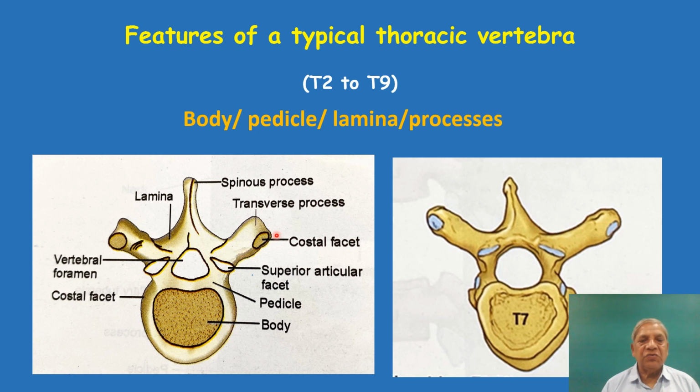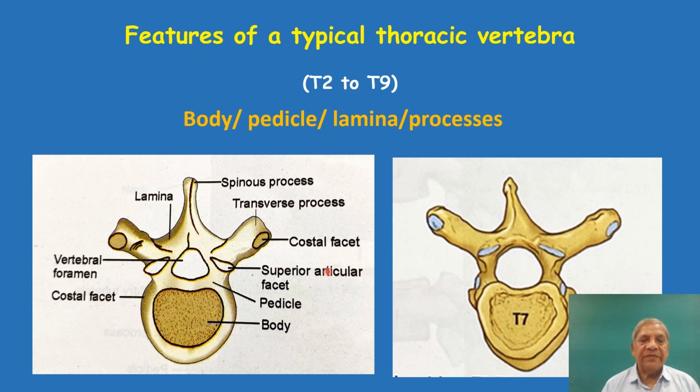Then there are the two transverse processes and a single spinous process. So there are 7 processes coming out from the junction of pedicle and lamina which forms the neural arch. There will be a foramen here, and this is the vertebral foramen. With this introduction, I go to the questions which will be put to you for the typical thoracic vertebra.